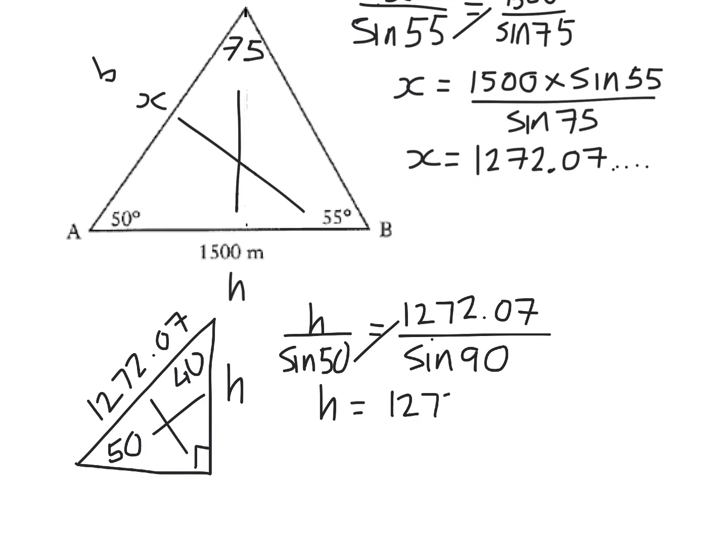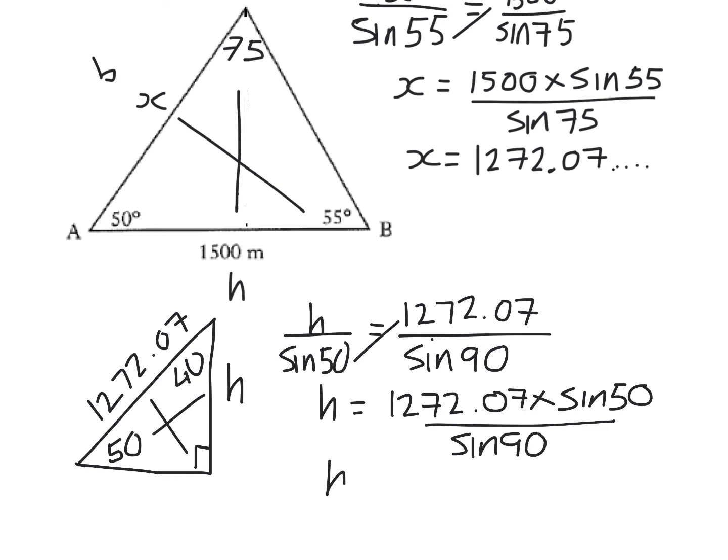So you've got 1272.07 times sine 50 all over sine 90. And I have used the exact answer, so I've just used my answer button times sine 50 and then divided it, and I got 974.46 metres. Okay. And that's that one. That's what you would have got.